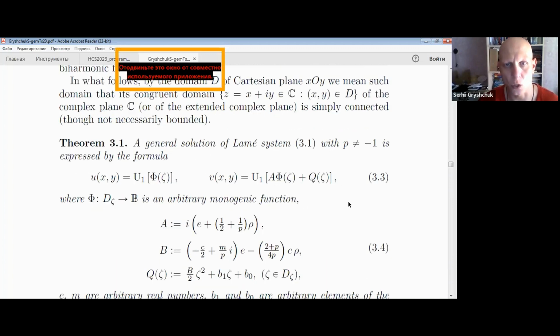A general solution of the Lamé system 3.1 with p not equal to -1 is expressed by the formulas 3.2.